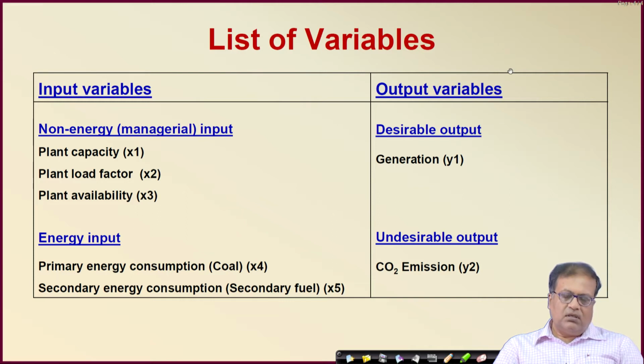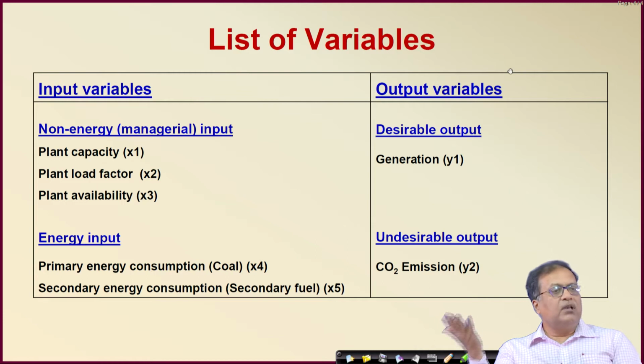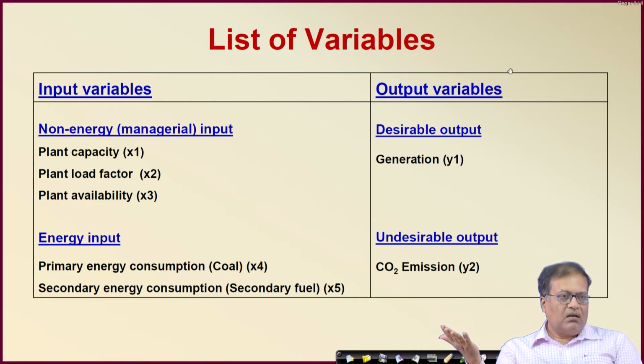So, you maximize your efficiency, that is fine, but it should not be done in a manner so that somebody else becomes more than 1, if the same weights are used.